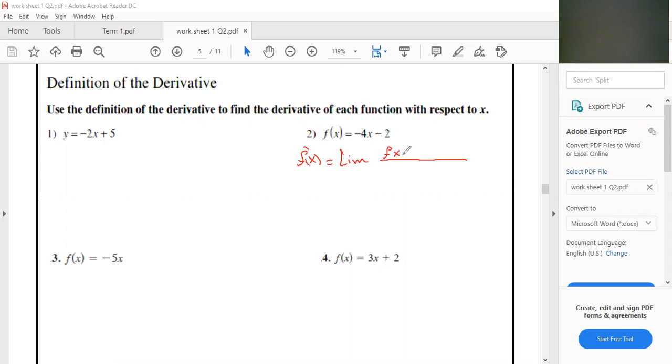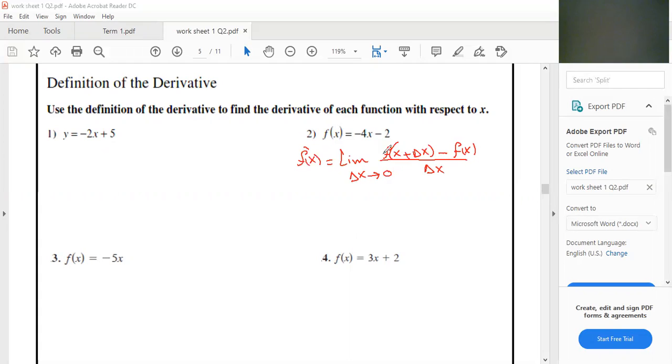F of x plus delta x. If you would like to write h, no problem, because I refer to the change in x by using delta x or using h. Okay, f of x over what? Delta x, the change in x, when delta x approaches 0. If you don't remember the rule, you never know how to solve.